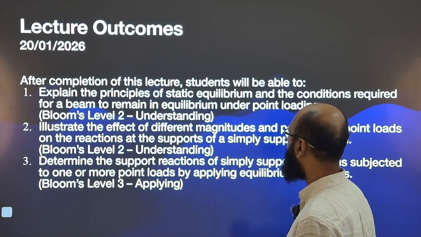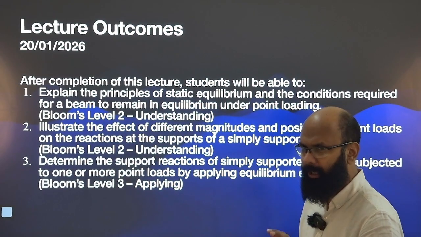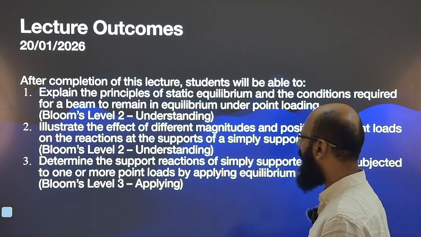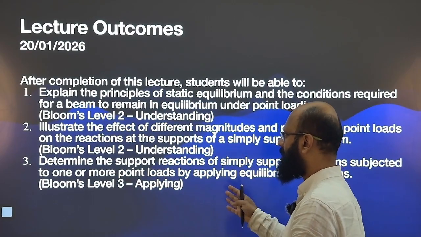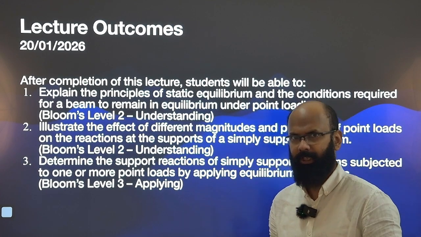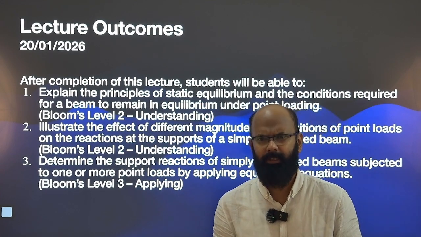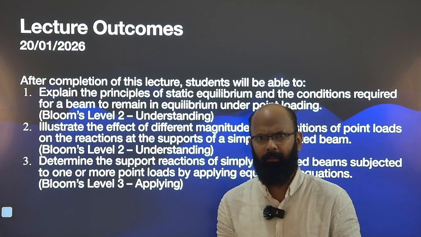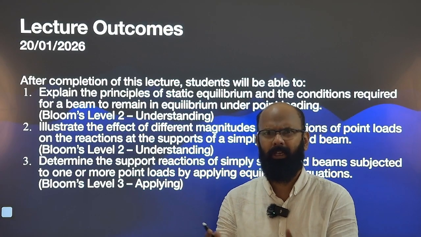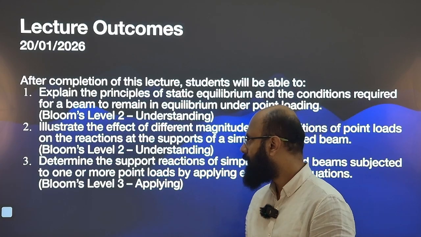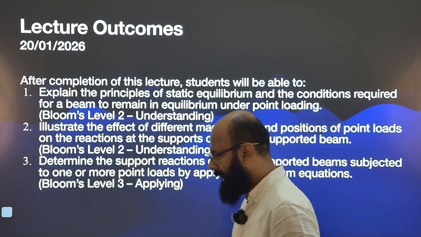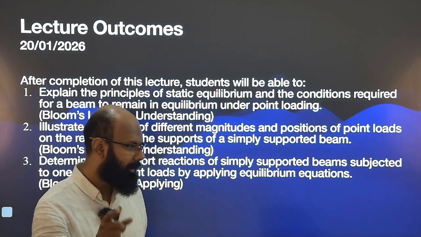These are the two initial lecture outcomes, and ultimately this is the goal: you can determine the support reactions for simply supported beams under point loads anywhere. It could be multiple point loads or a single point load, anywhere on the beam. So these are my lecture outcomes for today's class.